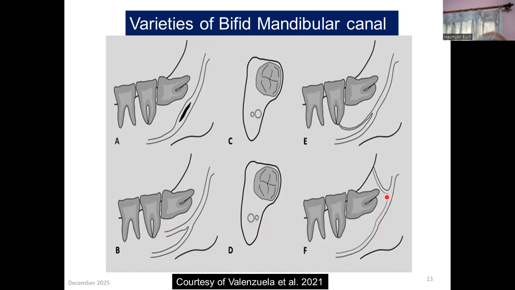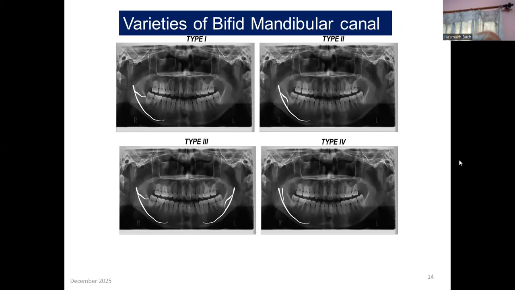Others have called it type 1. This is retromolar, this is dental, this is forward. And we go to the next slide. And this is the last slide in this part, I think.